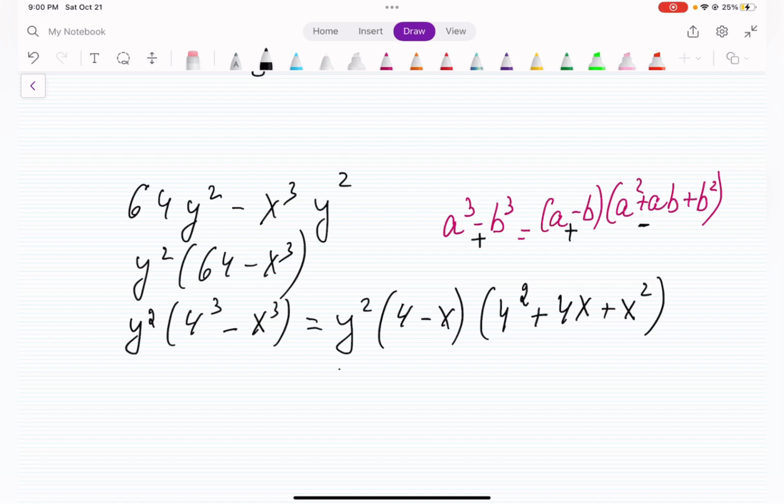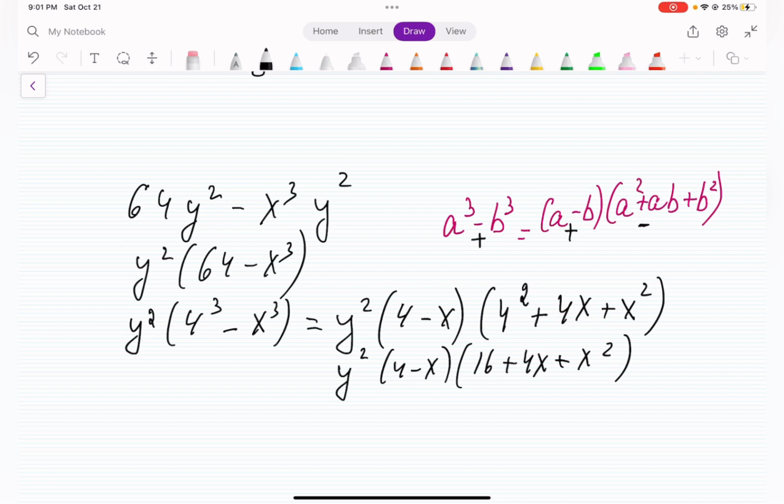So from here, y squared, 4 minus x, and 16 plus 4x plus x squared. All right. Let me write down the answer so I can transfer. It's gonna be y squared, 4 minus x, 16 plus 4x plus x squared.